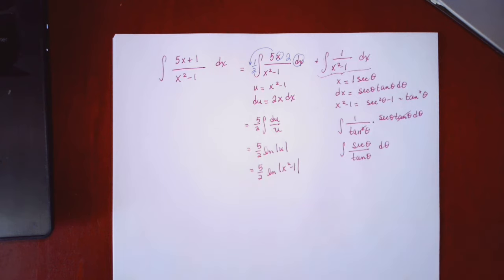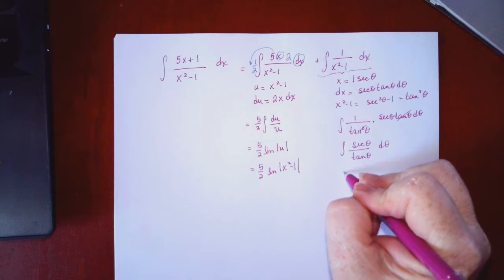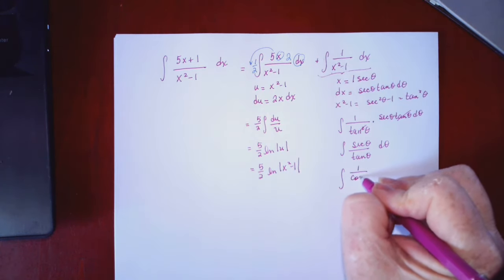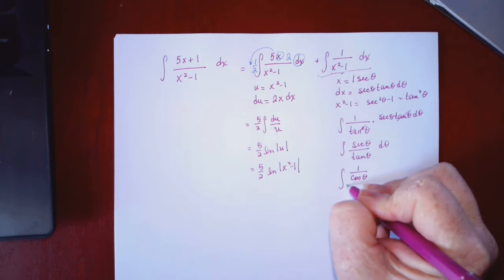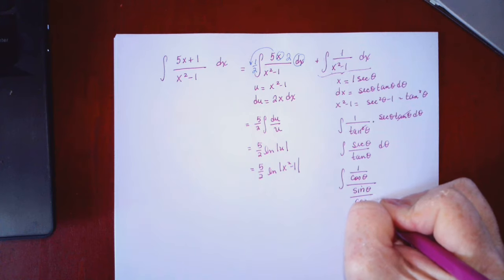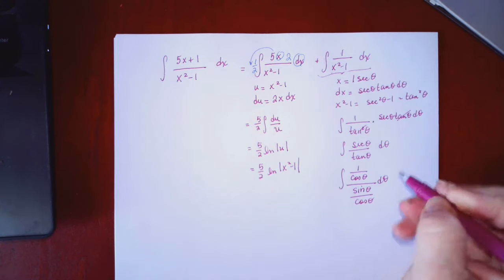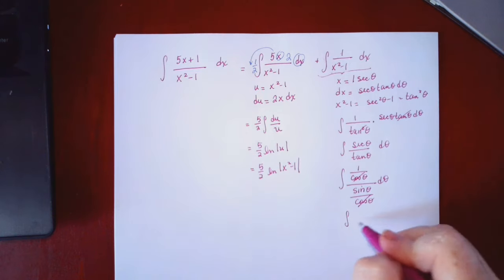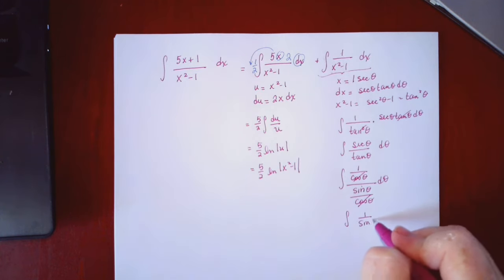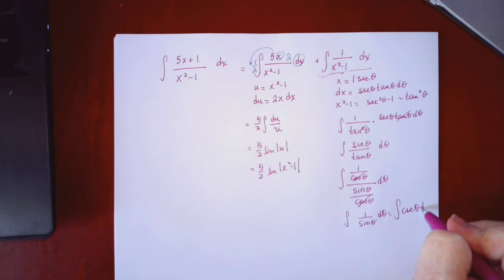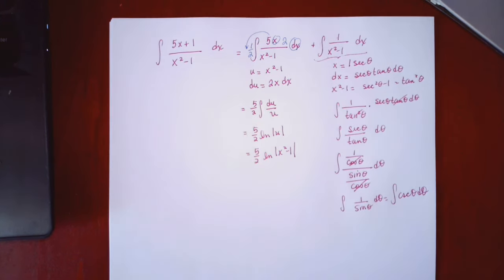I don't have that option here. So on this one, I'd probably try just going back to sines and cosines. This would be 1 over cosine theta over sine theta over cosine theta. Invert and multiply, those guys cancel, and we have the integral of 1 over sine theta, which is the integral of cosecant theta.